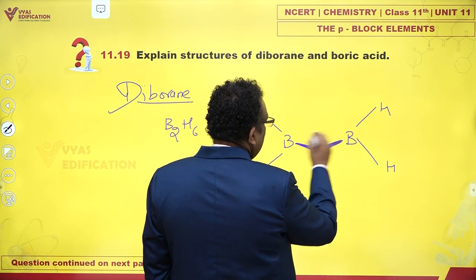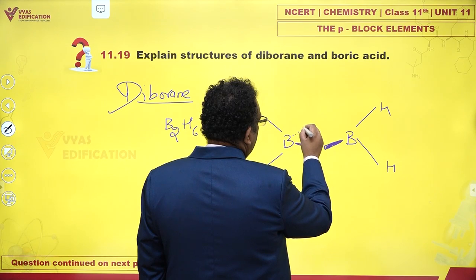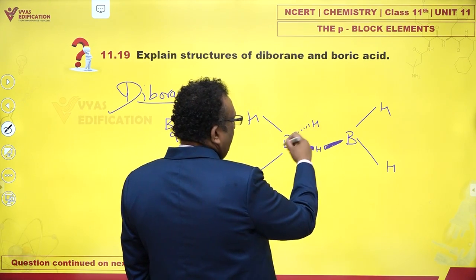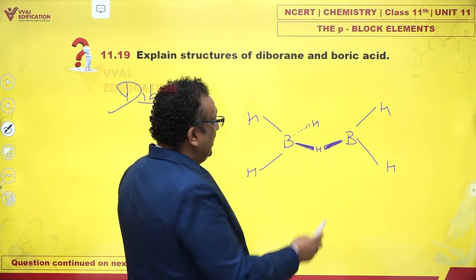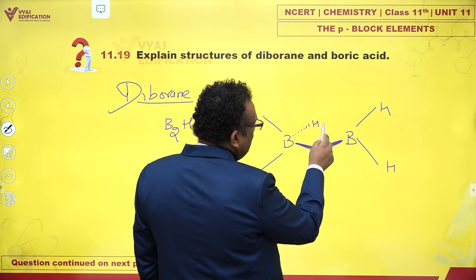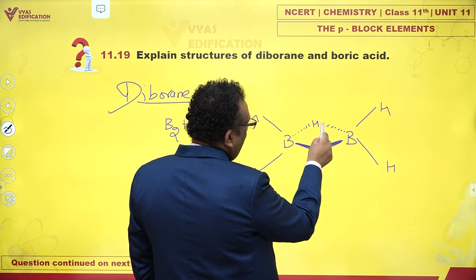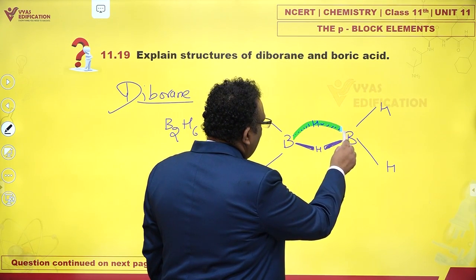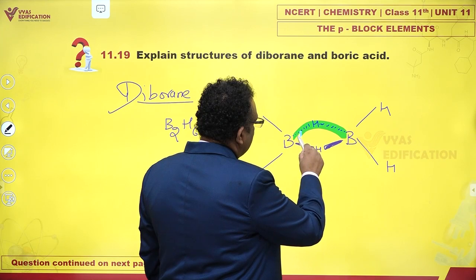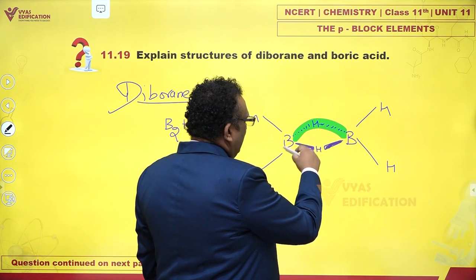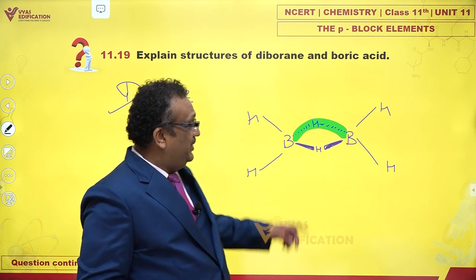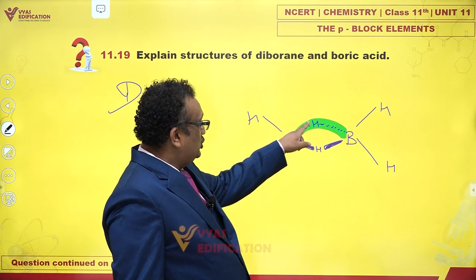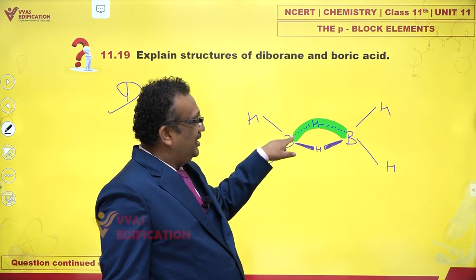What happens is that if, say, this boron has a BH bond, then the electron of this BH bond is also attracted by the other boron atom like this. What you get is the so-called 3-center 2-electron bonds. What does it mean? There are only 2 electrons in a BH bond, but those 2 electrons are also pulled on this side.